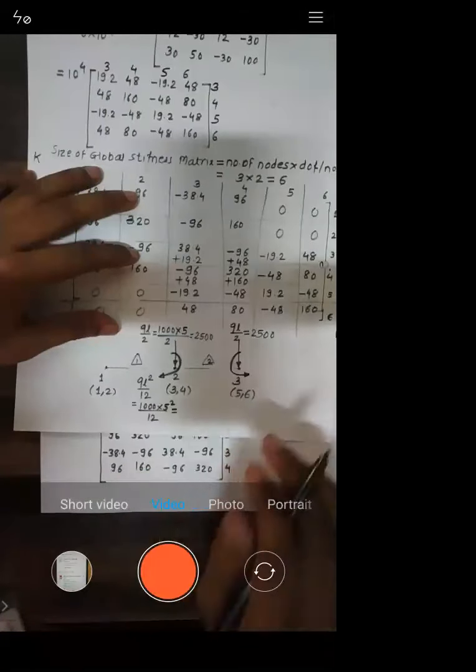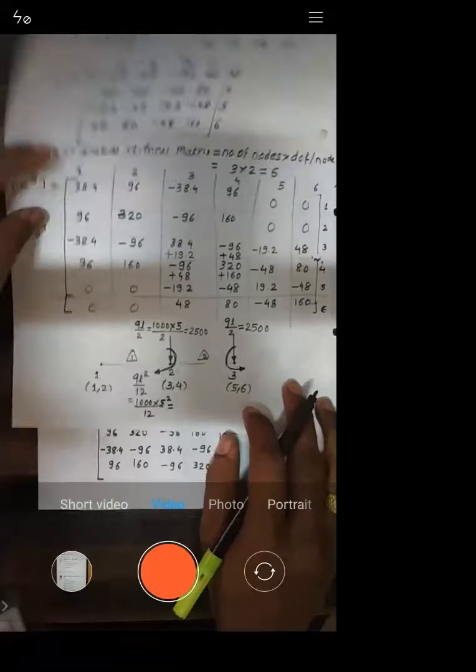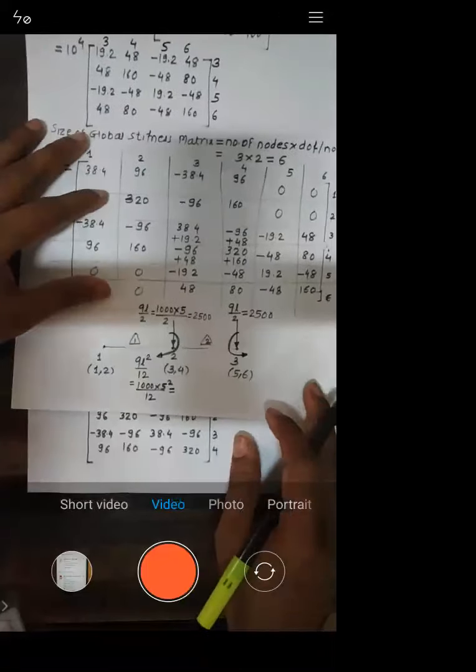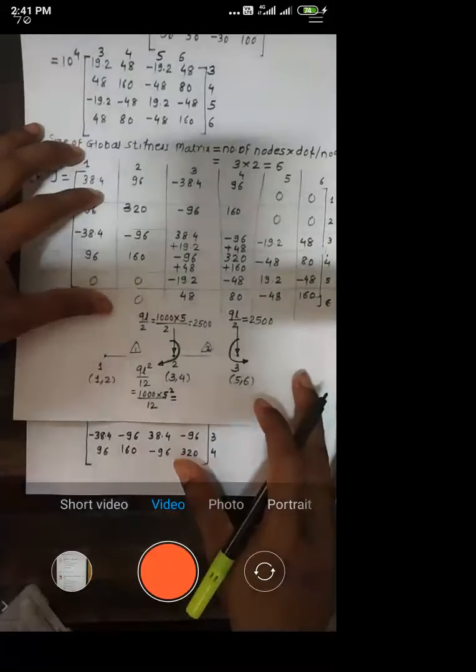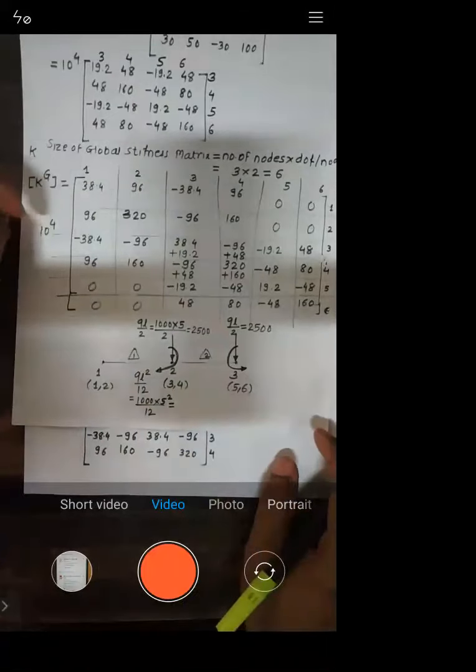QL square by 12. Tell me how much you are getting. 2083.40.